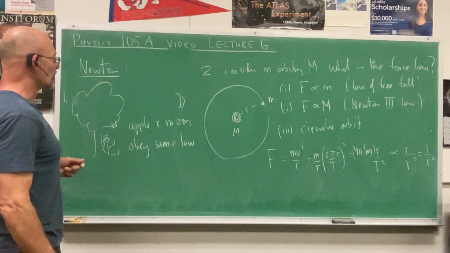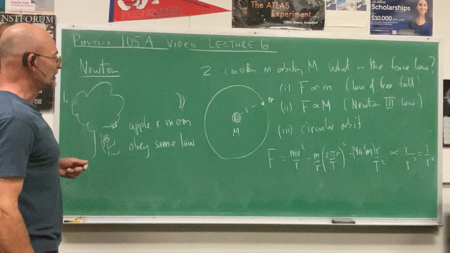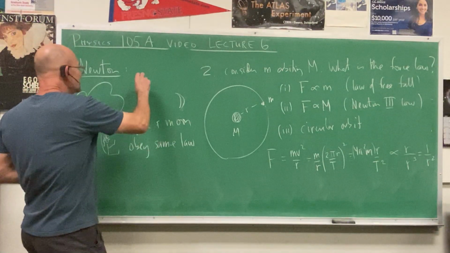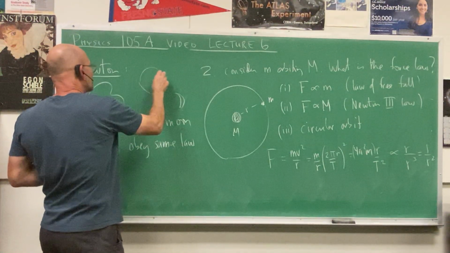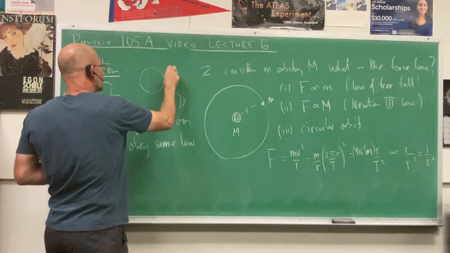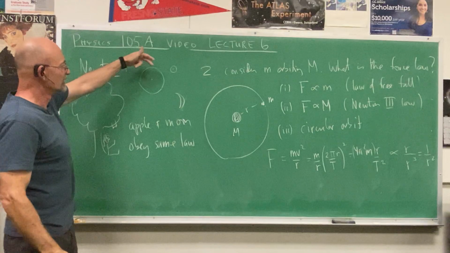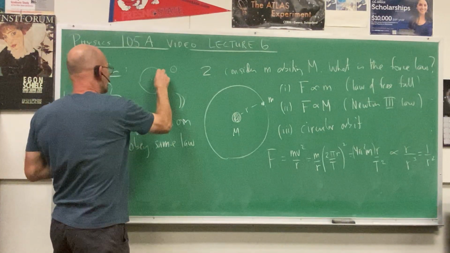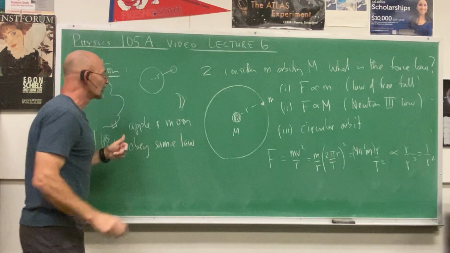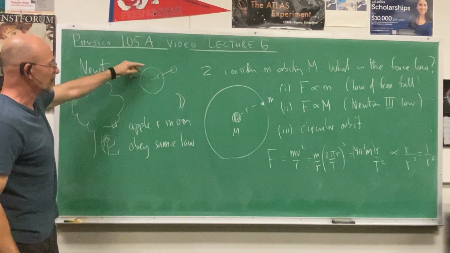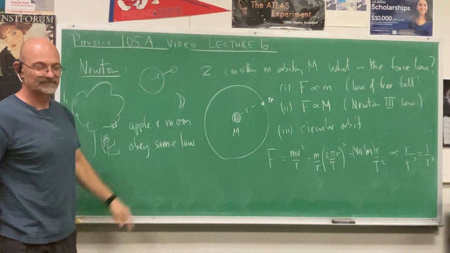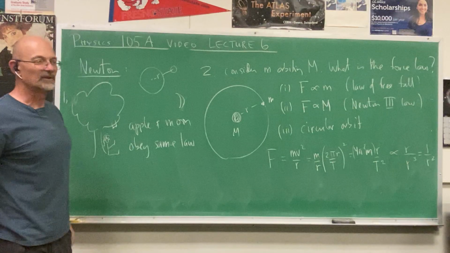Okay. And some other things go into the mix as well, because if you have extended bodies, you have to prove mathematically that the force law for spheres is center to center. In other words, this R for 2 uniform spheres is measured from center to center, which we'll do next semester.